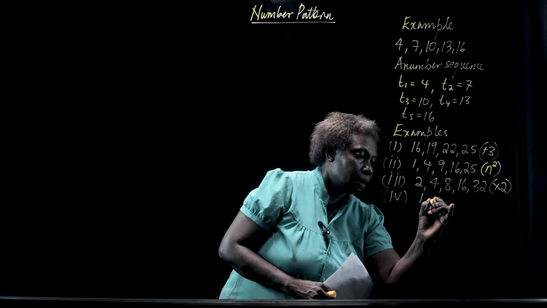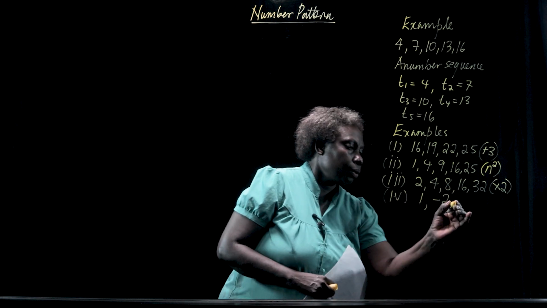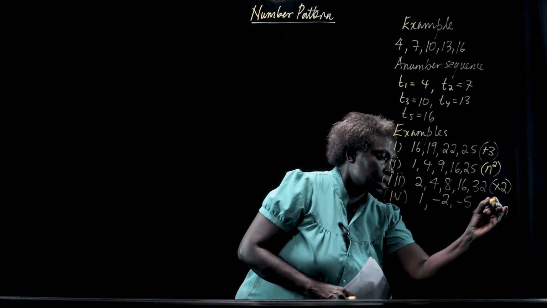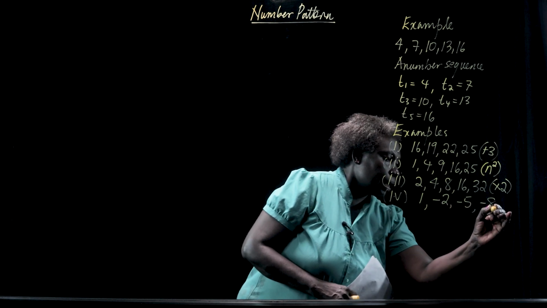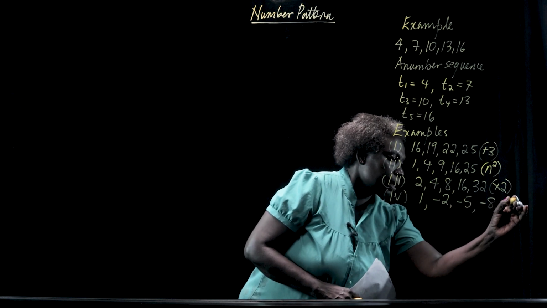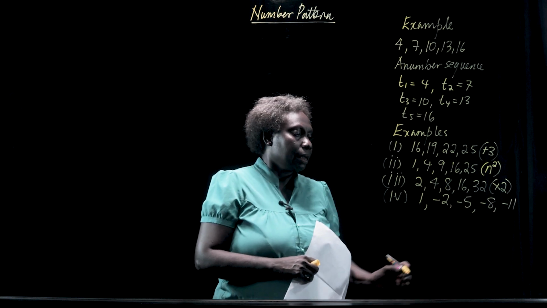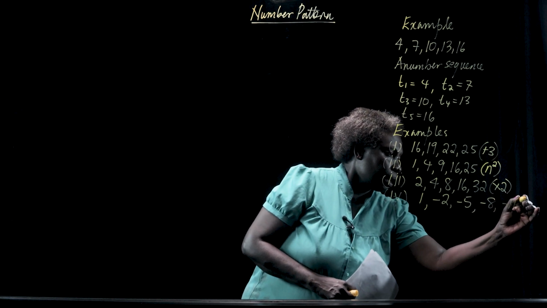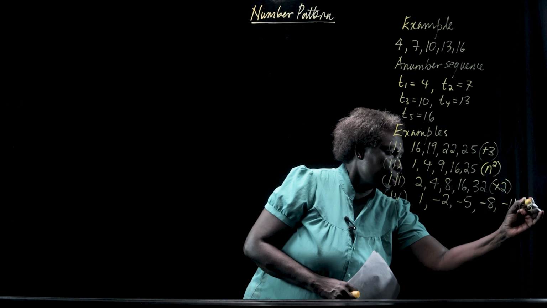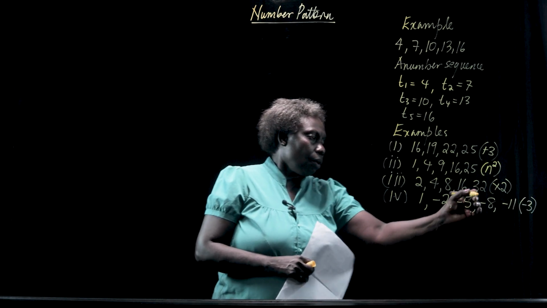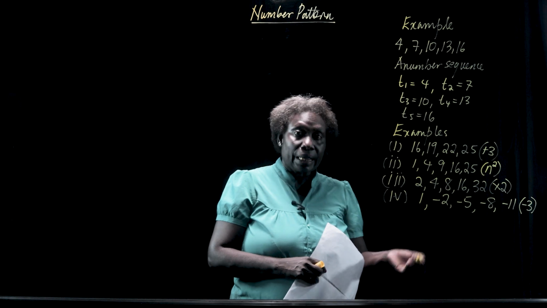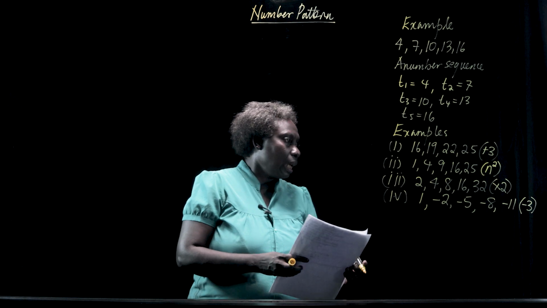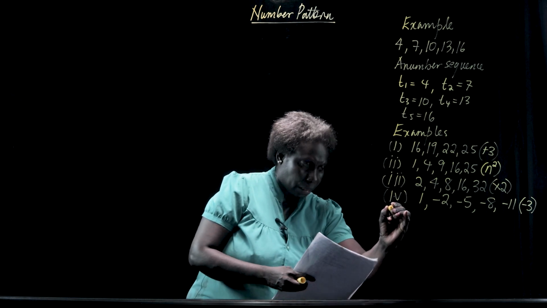The next one, we have 1, -2, -5, -8, and -11. This number sequence is obtained by subtracting 3, or we can also add -3 to each term to get the next term of the sequence. Now let's look at the last one.